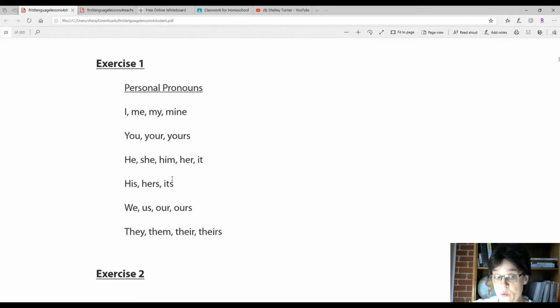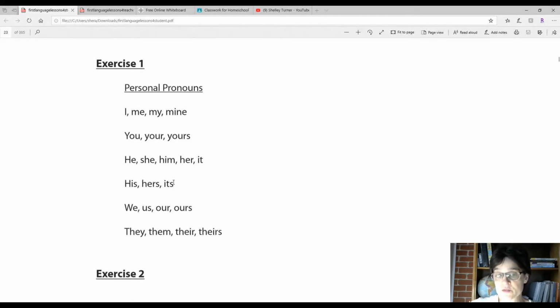This way, without an apostrophe, means that it is a personal pronoun. It's actually possessive because it's showing that something belongs to it. Its toy, or its bed, or its food, or whatever.